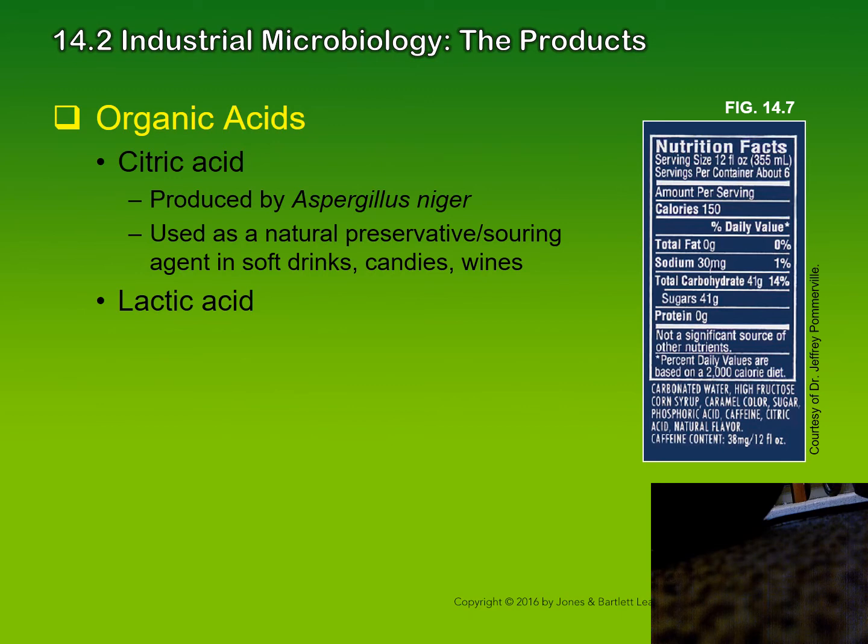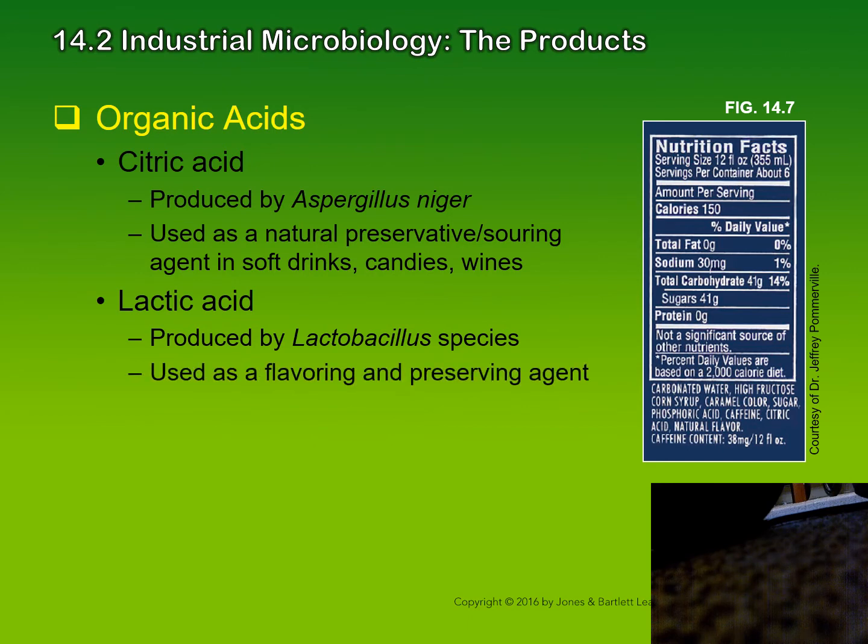And again, it's a more natural way of producing a sour flavor by the use of citric acid. Lactobacillus are going to produce lactic acid, and we can use those as either a flavoring or a preservative.